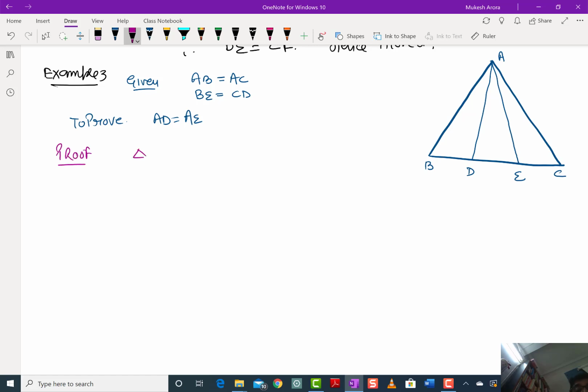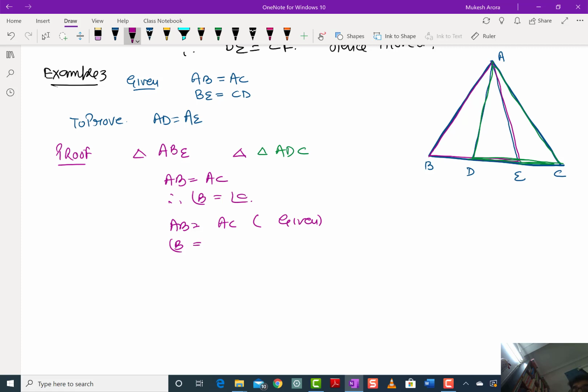We'll take triangle ABE and triangle ADC. As we know that AB is equal to AC, therefore angle B is equal to angle C. Now, AB is equal to AC, given.